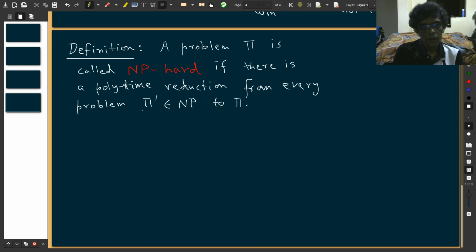Okay. So this essentially means that whenever I have any problem pi prime in NP, I have a reduction like this.